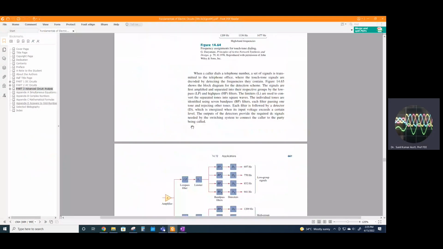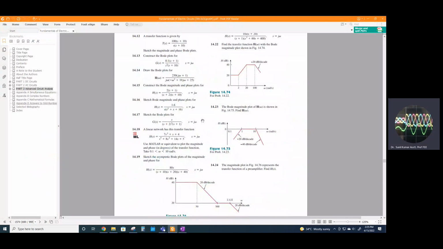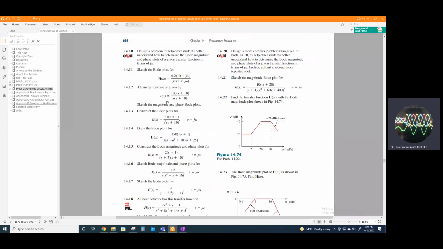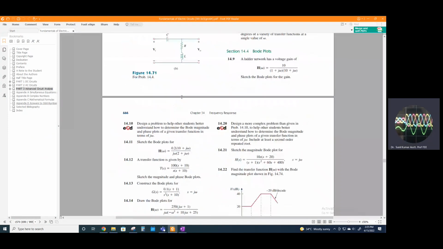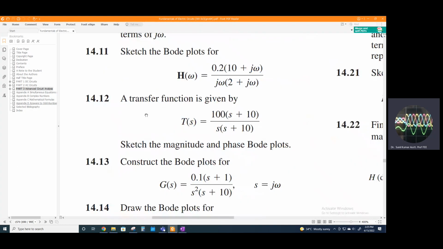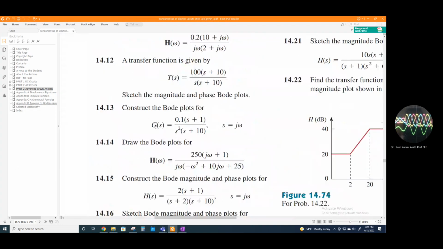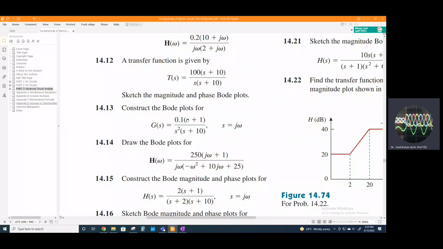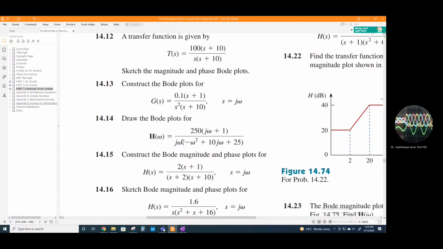But we still haven't considered the phase plot yet, and also some questions regarding the quadratic poles. You guys can do these questions. You can also do this one as well.